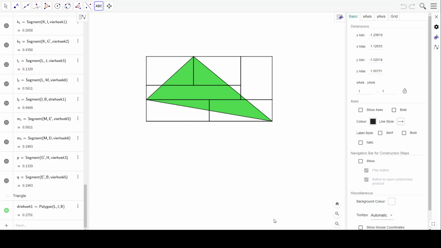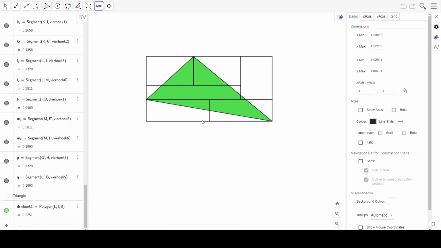So in this video I'm going to treat the puzzle The Uneven Brickwork, published on January the 17th of 2024. It consists of a rectangle shown here, which is divided into 6 other rectangles, and it is given that those 6 rectangles all have equal area.